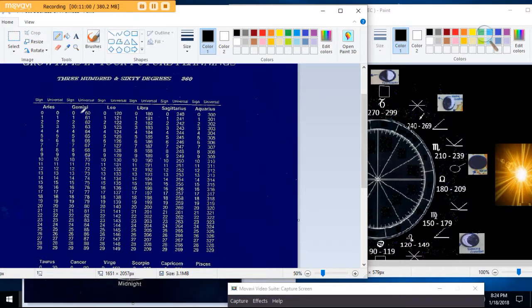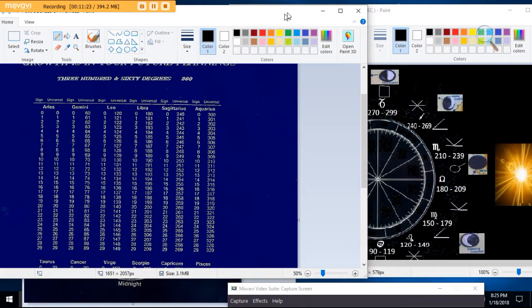So that is a mathematical calculation right there. That means 0 equals 60. When the sun enters 0 degrees of Gemini, it is actually entering the number 60 that relates to the degree within the 360 degree pattern.